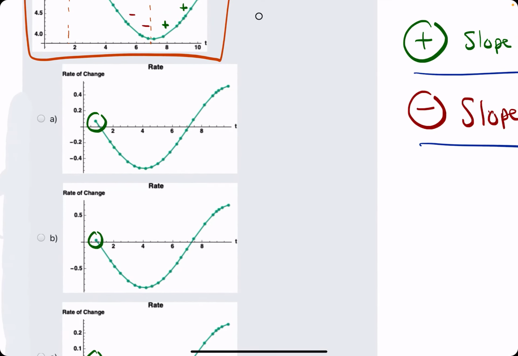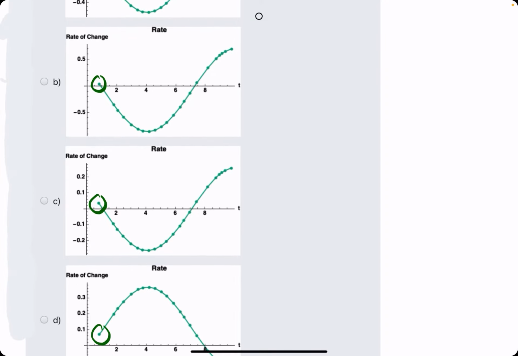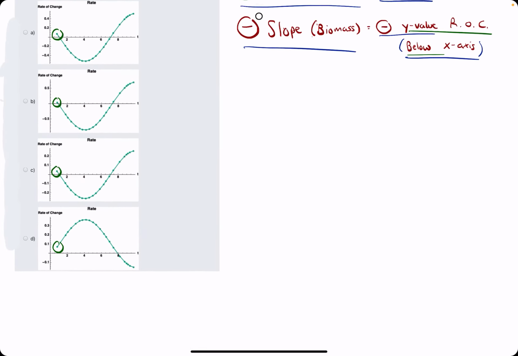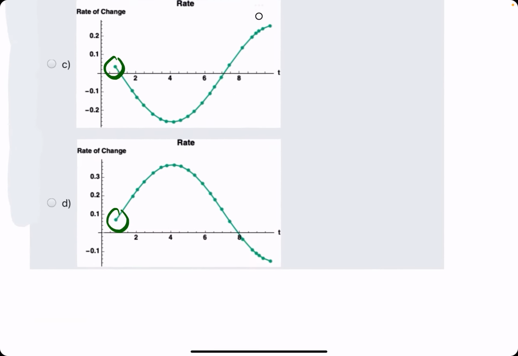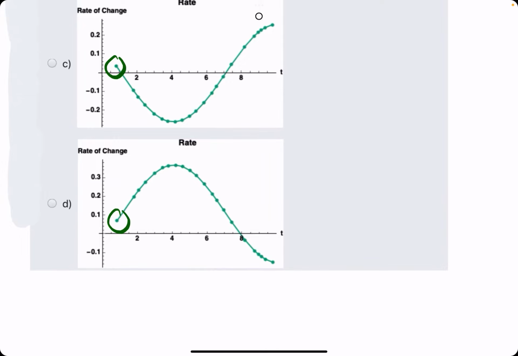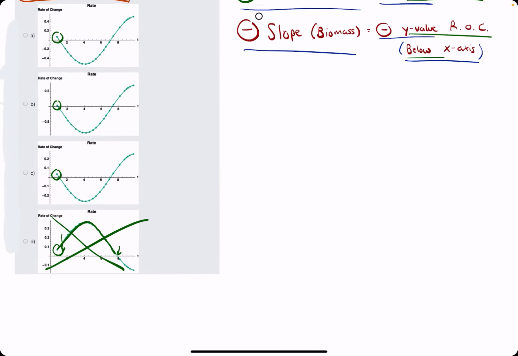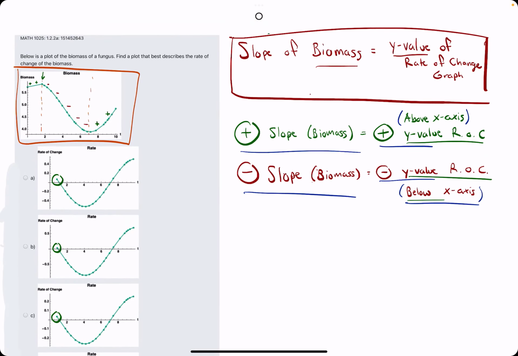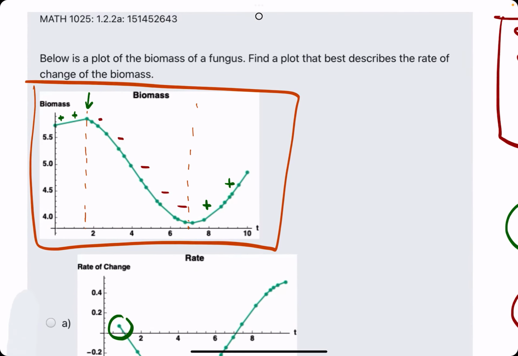It looks like option A, B, C. Options A, B, and C are all super similar, but D is the only one that doesn't cross over into the negatives around t equals 2. It stays above the x-axis until about 8, and that's not what we're looking for. We're looking for it to change to below the x-axis, since the slope changes to negative much sooner.